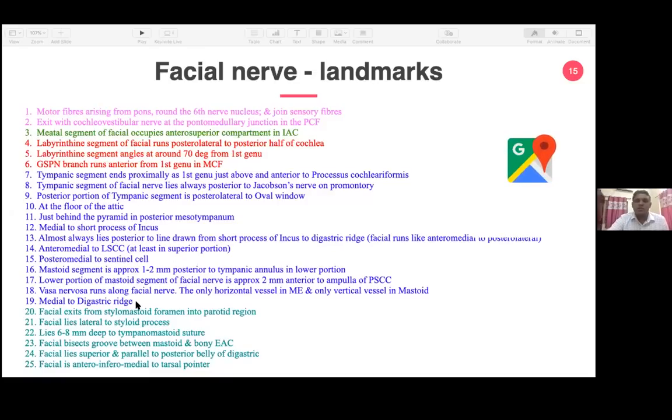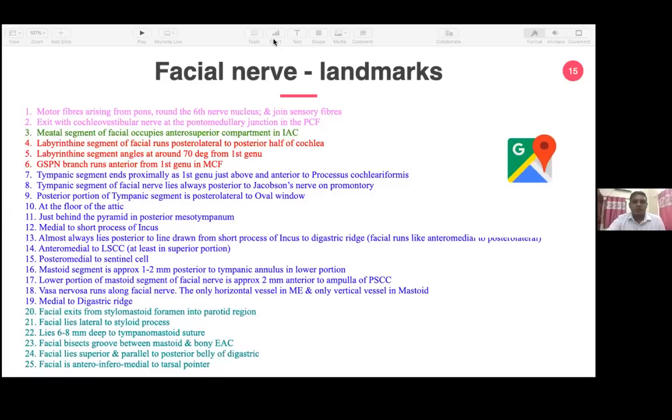The few things which I missed out are that the mastoid segment of the facial nerve is posterior to the tympanic annulus, at least in the lowermost portion here. And also, over the tympanic segment and the mastoid segment, the facial nerve is covered by a sheath in which runs the vasa nervosa, that is nothing but the blood vessel which is supplying the nerve.